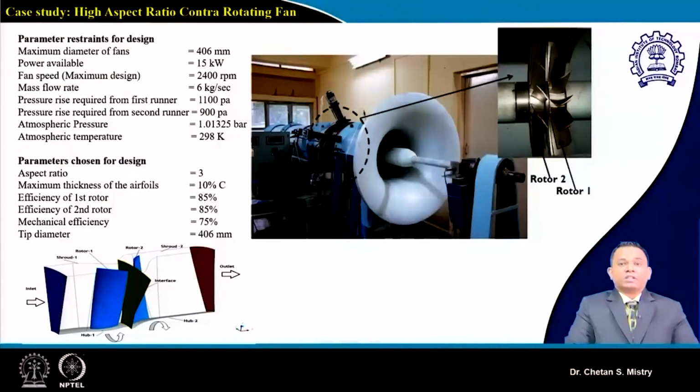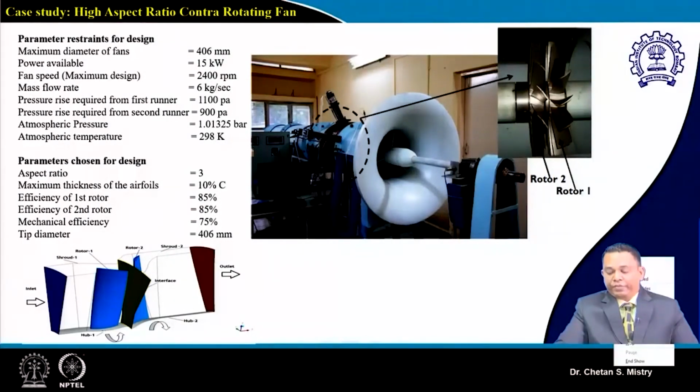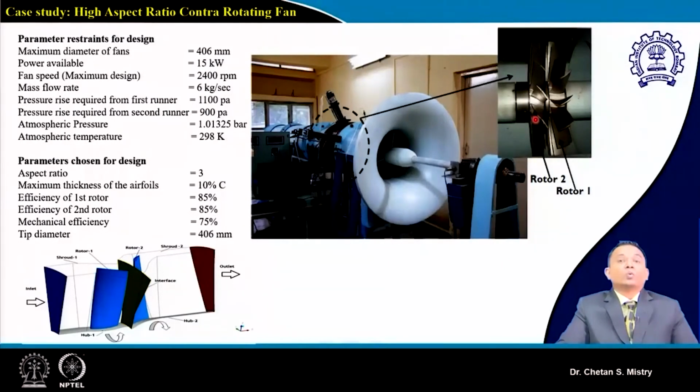This is a case study for a counter rotating fan, which I explored when I was doing my PhD at IIT Bombay. If you recall, when we were discussing the design of the counter rotating fan, we discussed a similar kind of configuration. Here we have two rotors, rotor 1 and rotor 2.